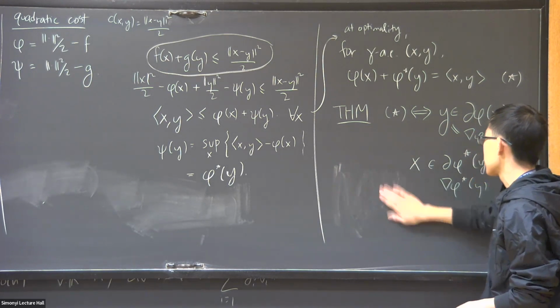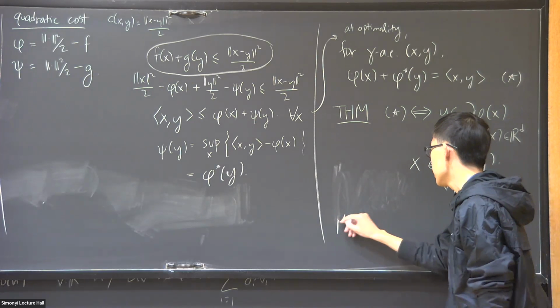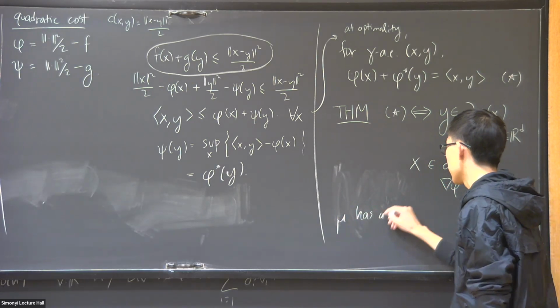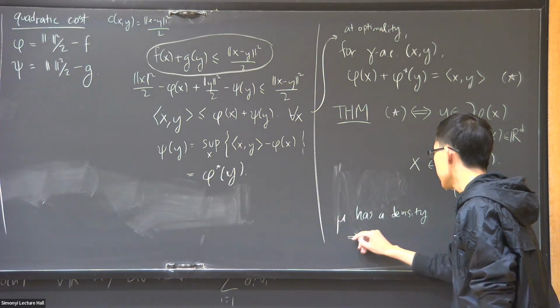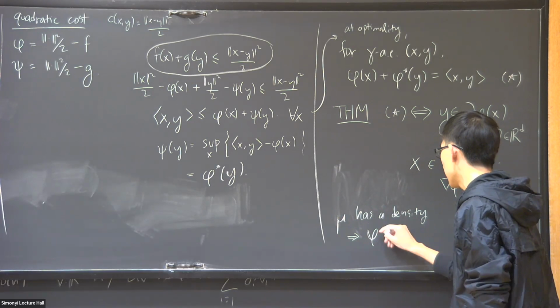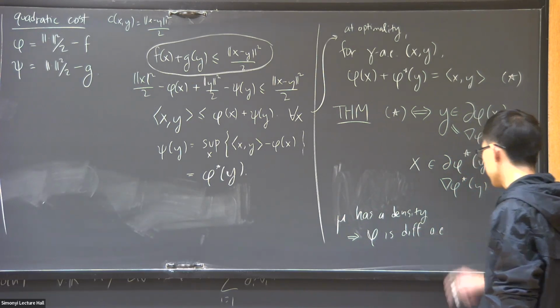Okay, so this actually characterizes what the optimal transport plans look like. They're supported on the graphs of subdifferentials of convex functions. And in particular, if mu has a density, like if it's a continuous distribution, then phi is differentiable almost everywhere on the support of mu.